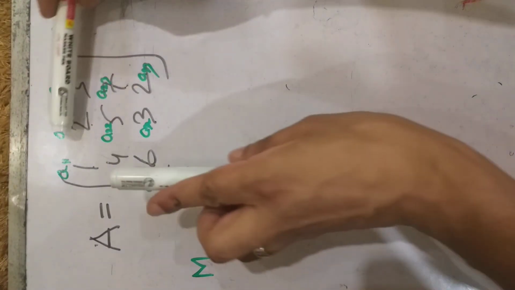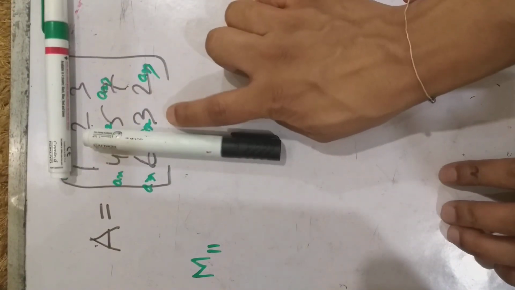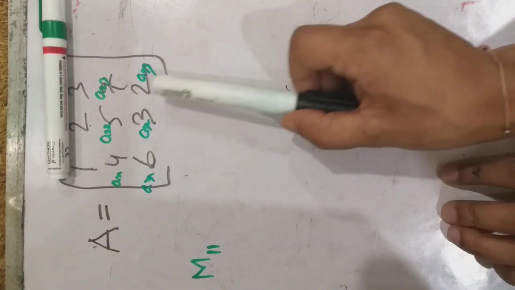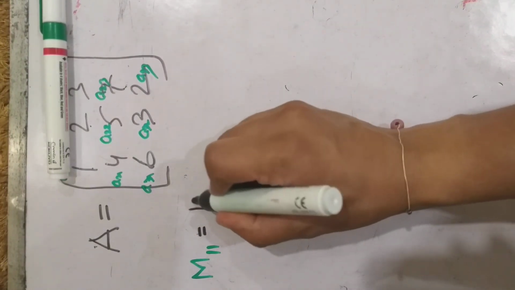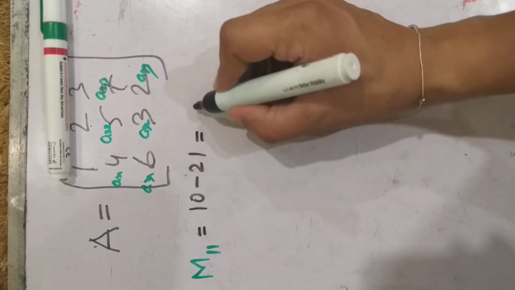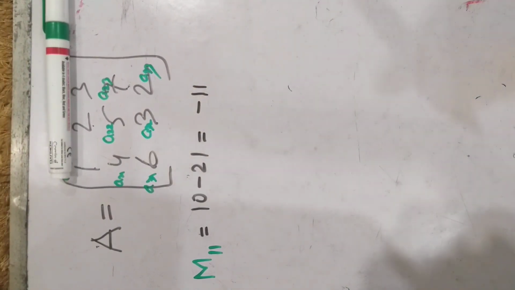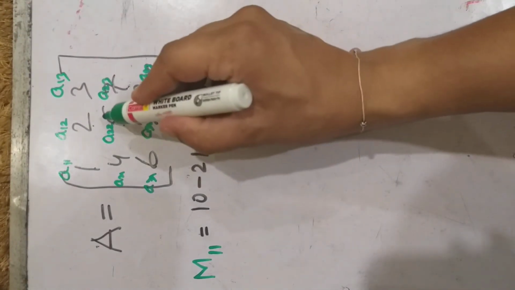Block this row and column, we are finding the minor only. 5, 2, 3, 7. 5 into 2 is 10, minus 21. So whatever I get is minus 11. Similarly, you can find M12, M21, whatever you wish to find.